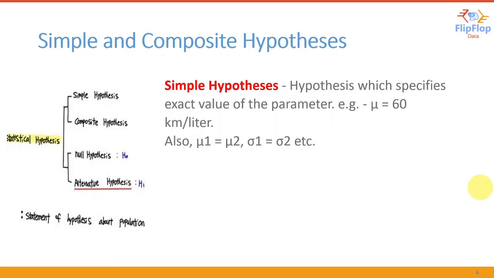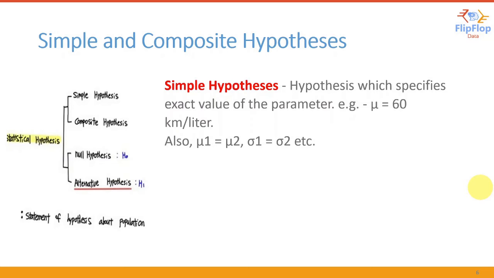This is a simple hypothesis. Also, statements like mu1 equals mu2, or mu1 minus mu2 equals 0, or sigma1 equals sigma2, etc. are all simple hypotheses. Here mu1 refers to the mean of sample 1 and mu2 specifies the mean of sample 2, which we sample from our population.